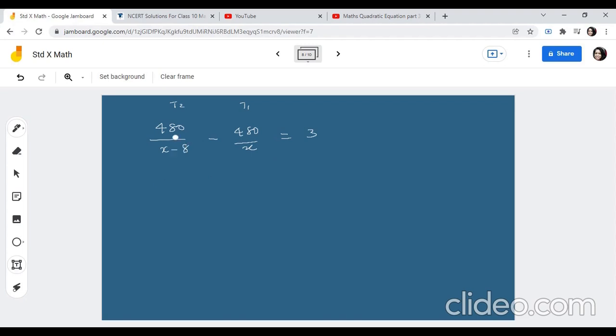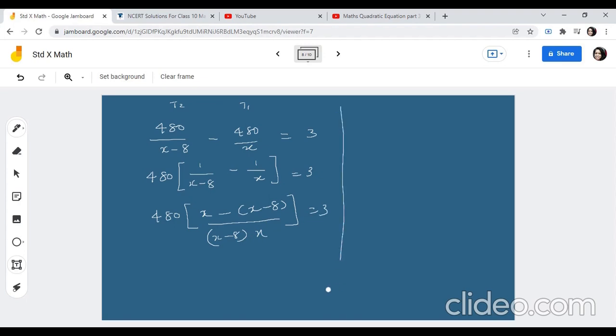So let us take 480 as a common number. 480 outside, so this will be 1 by x minus 8 minus 1 by x is equal to 3. Now go for cross multiplication. 480 into x minus, put a bracket because of the negative sign, x minus 8, divided by x minus 8 into x, is equal to 3.